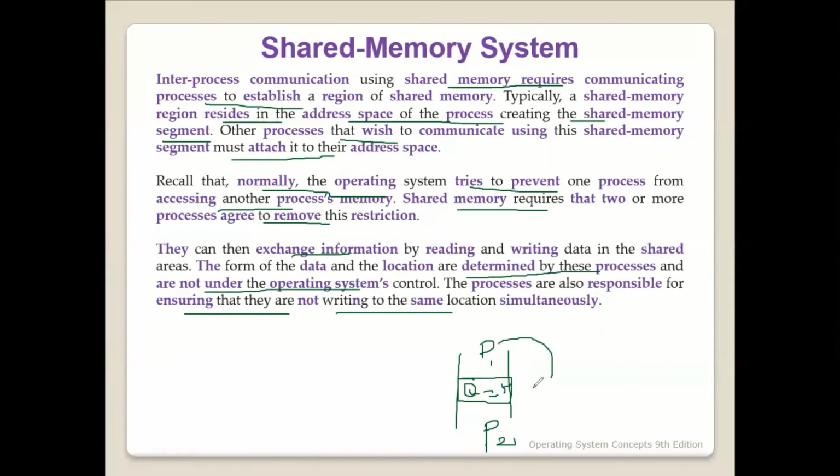Process P1 tries to write something for the value A. Process P2 also tries to write something for value A. So if process P1 wants to write A equals 10, process P2 can't say A equals 80. No, you can't do that. So the processes must make sure that they are not writing on the same location at the same time. They cannot do that. Can you get the idea? So the processes are responsible for this.